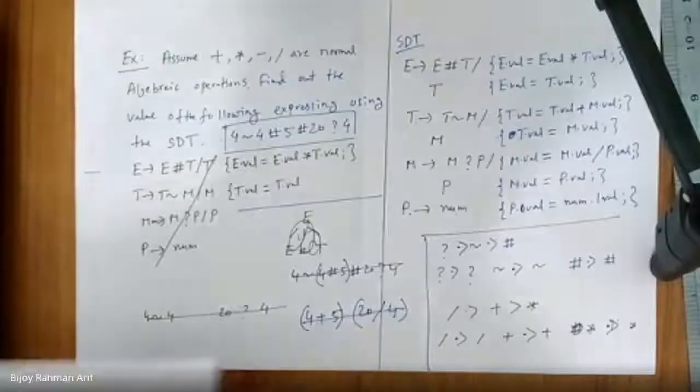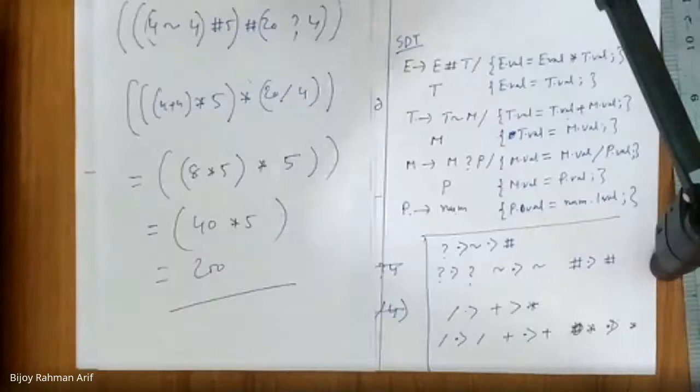Sir, I had a question about the precedence. Of course. Sir, in the quiz, you said that we can change the product, but here you did not change the above product. I don't get you.